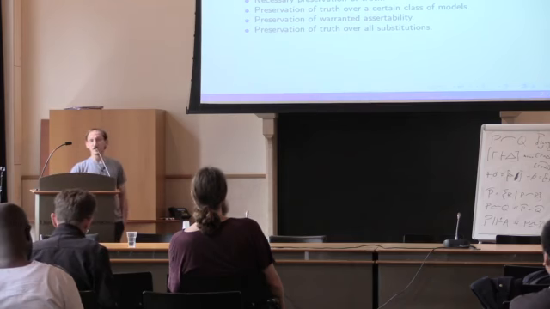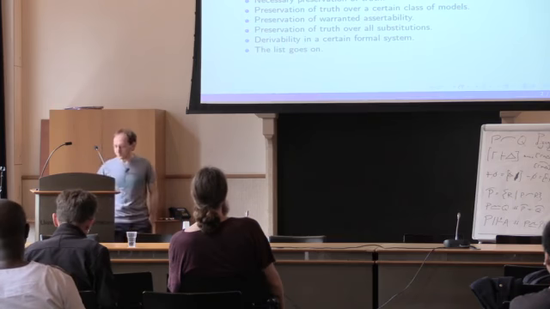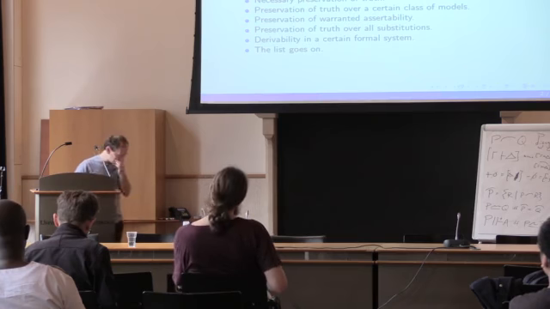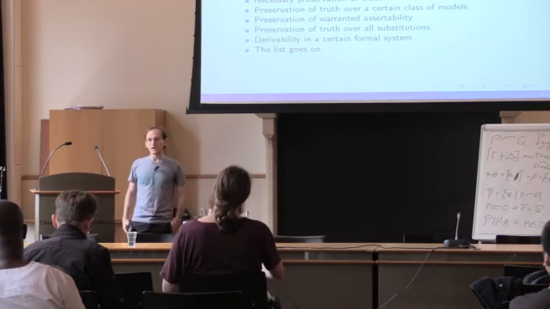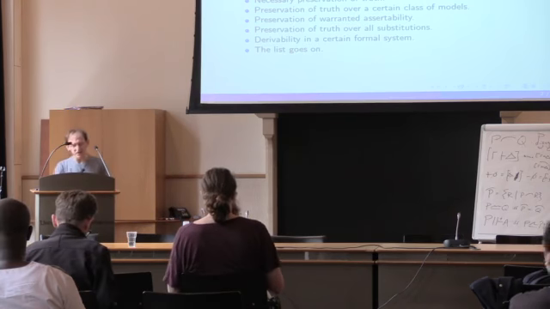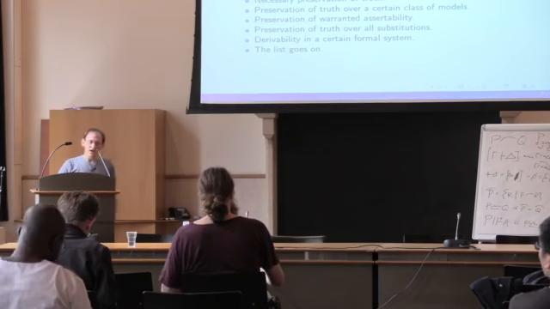Other people will say that validity can be understood as derivability in a certain formal system, and on it goes. So I really could go on. It's really debatable, really something that's not settled, whether we should understand validity in the usual, typical way.